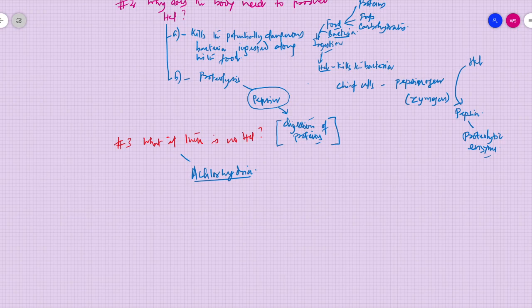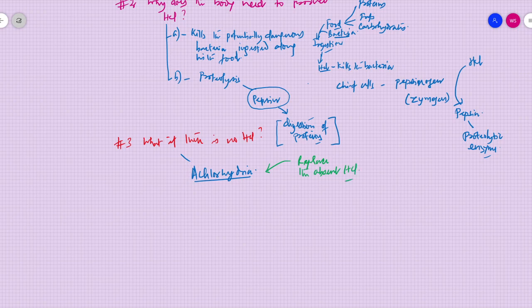It wouldn't kill the ingested bacteria, nor would it be able to do the first process of protein digestion. So this is not a desired state, but it is pathogenic.